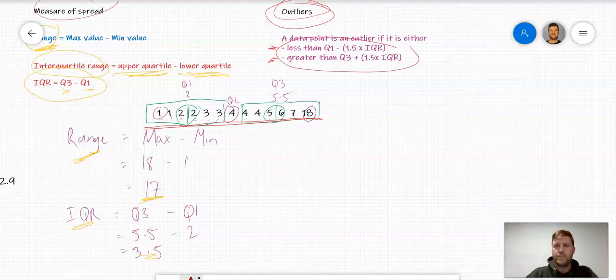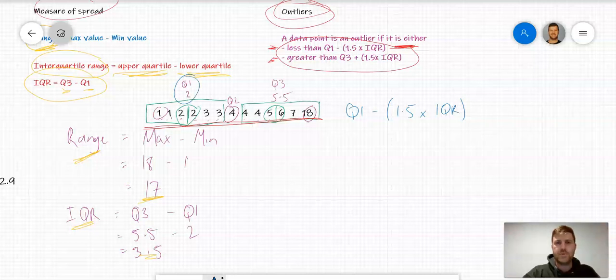So let's work with the lower end first. Let's see if there's a number that's less than Q1 take 1.5 times the IQR. Let's rewrite that formula. Is there a number in there that's less than Q1 take away 1.5 times the interquartile range? We know that Q1 is 2.